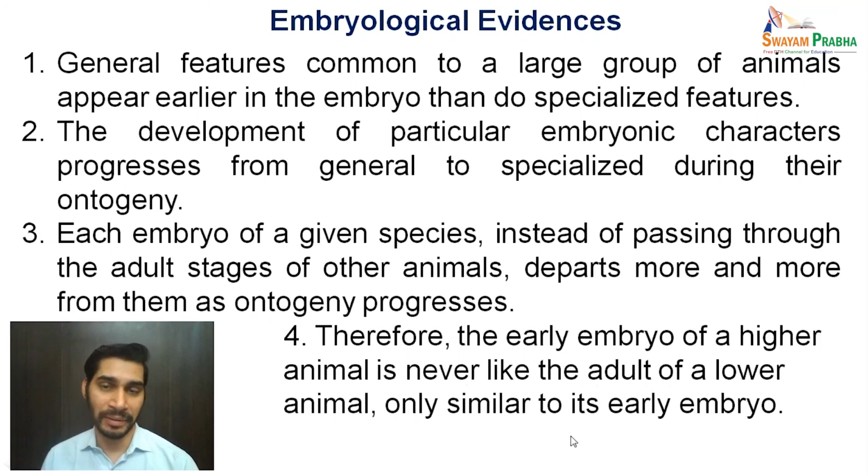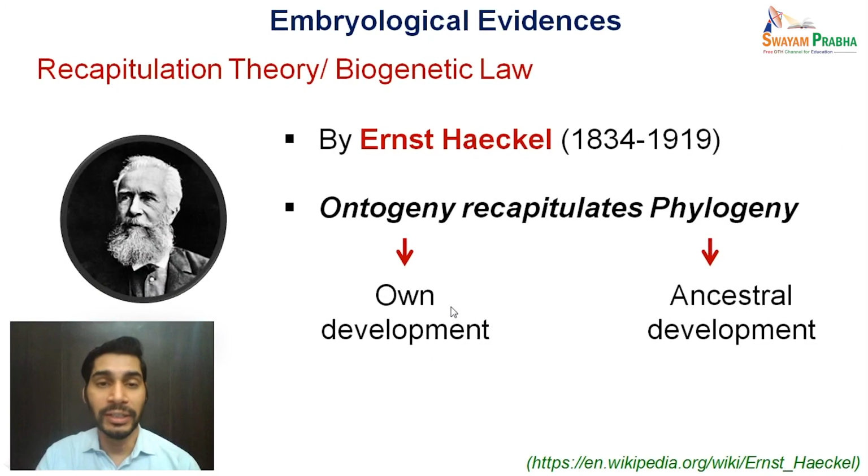Now, similar to these points which von Baer has put forward, Ernst Haeckel has given the recapitulation theory, or biogenetic law, which says that ontogeny recapitulates phylogeny. Ontogeny means the development of one's own self, how we have developed individually.